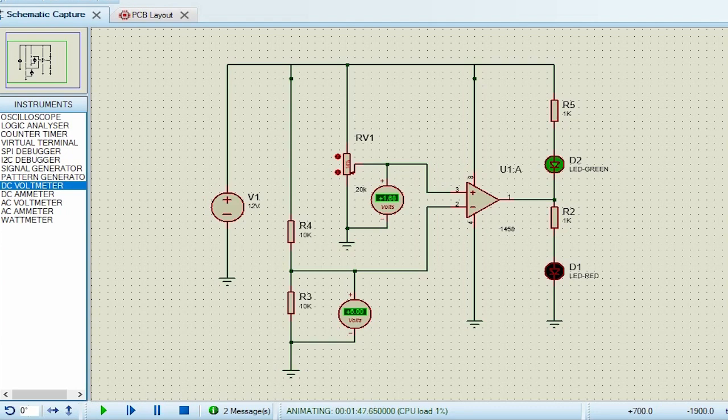And since the output should give us ground or GND, the green LED is going to turn on, which is the one that is polarized with positive. When the positive is above the negative, it will give us positive at the output, and when the positive is below the negative, it's going to give us a negative output.